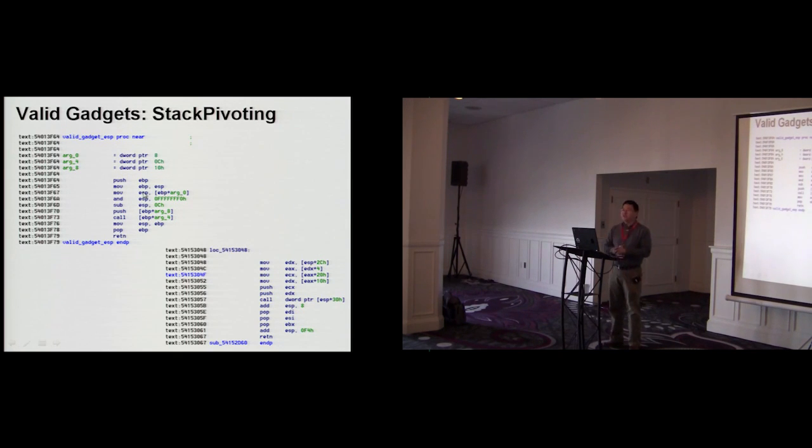So the first time you call this one, you just put the first parameter as what you want, and they directly install the value into ESP. Very straightforward to do the stack pivot. After that, you can do a bunch of gadgets. For example, call to the second parameter, then call to this kind of valid instruction. They call the stack-based function. So that's a very easy way to kick off the stack pivot.